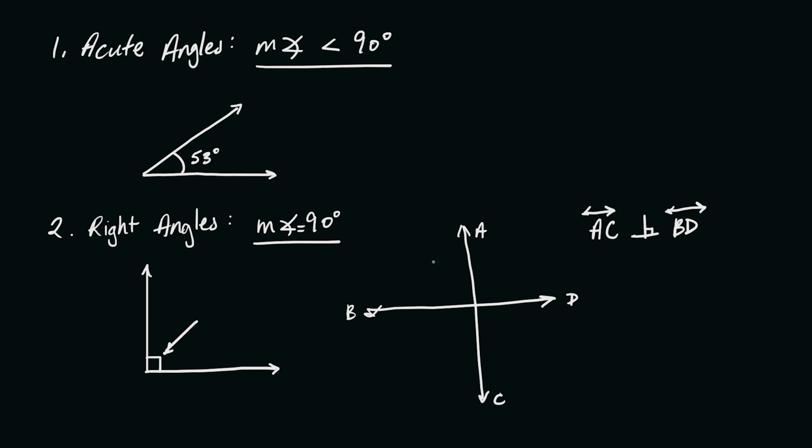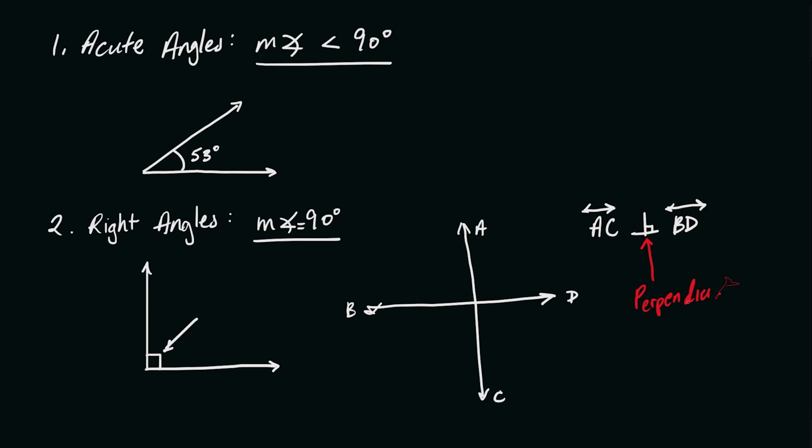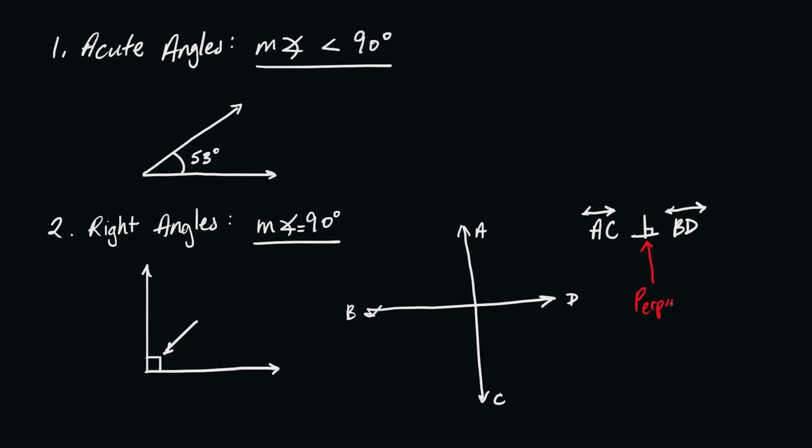This symbol right here means that they are perpendicular. And just because they are perpendicular, we have right angles, because perpendicular lines always, always, always form right angles.